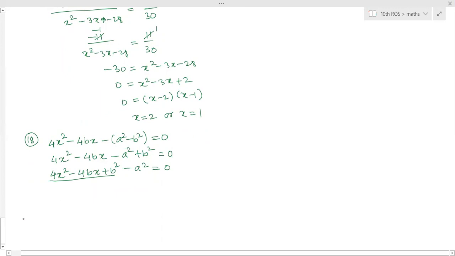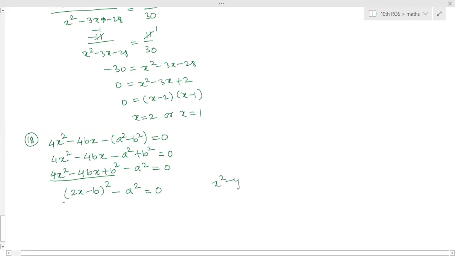Ma'am, it'll be 4x square minus 4x. No, wait, ma'am, I'll think and tell, ma'am. Ma'am, it'll be 2x minus b whole square. So this is again in the form of a square minus b square.